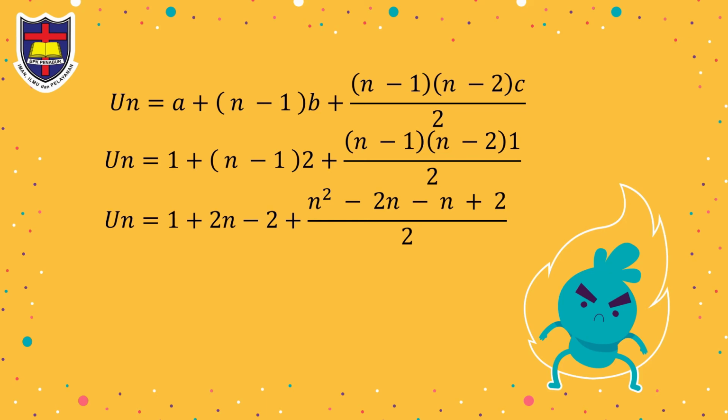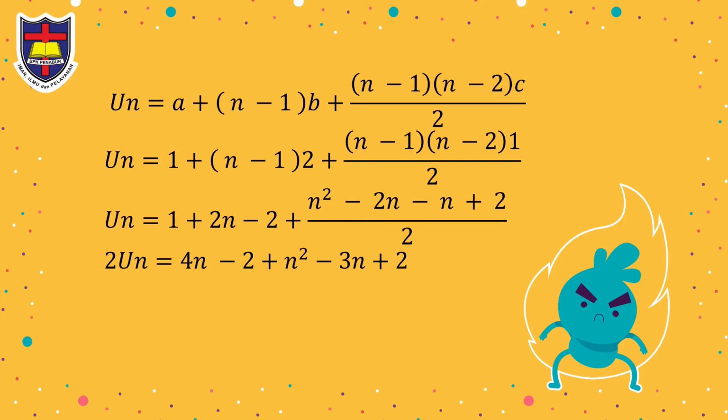Nah, karena ini ada per 2, kita harus ilangin pecahan per 2-nya biar kita ngitungnya lebih gampang. Nah, caranya gimana? Ruas kiri sama ruas kanan harus kalian kaliin 2. Jadi 2 kali Un tambah 2 kali 1, 2 tambah 2n, 4n kali 2 ya. 2 kali min 2, min 4.